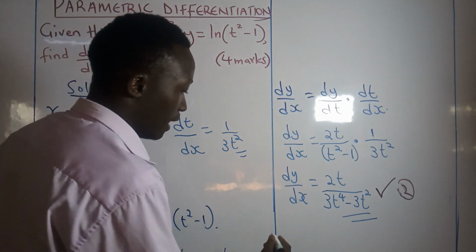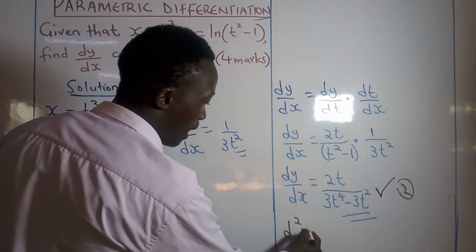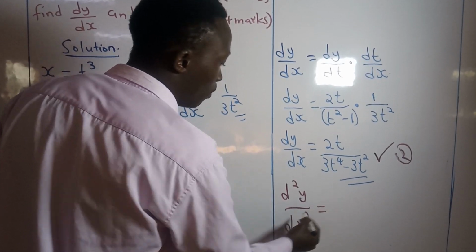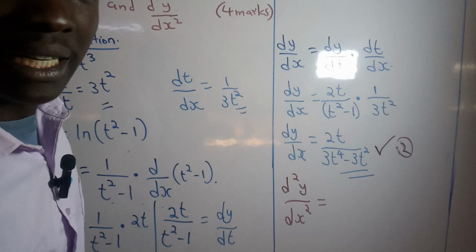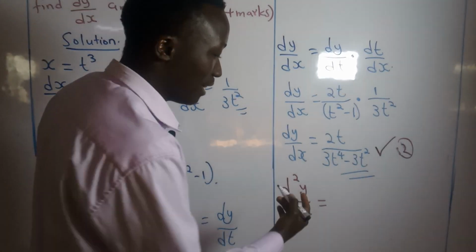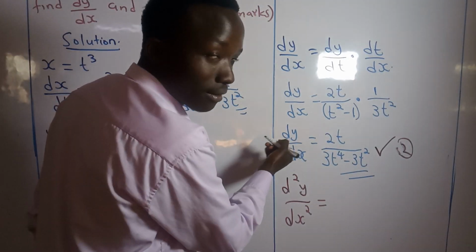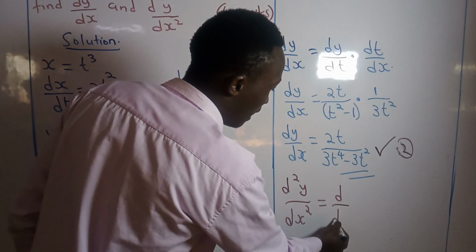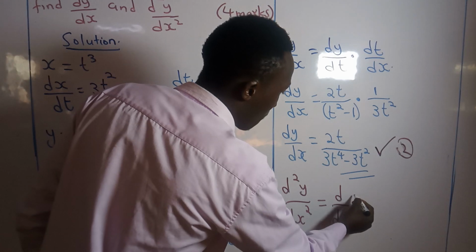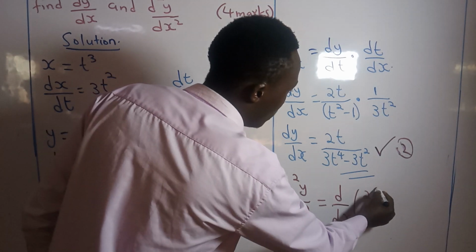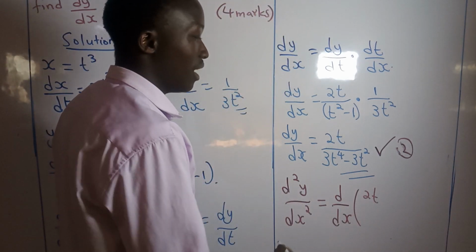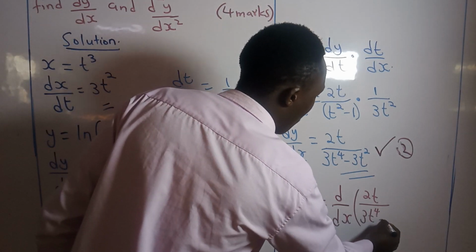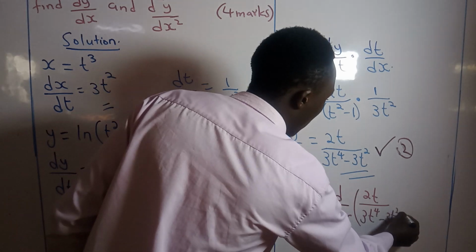So d squared y over dx squared is equal to, we will first find the derivative of the first derivative, that is d over dx of 2t over 3t to the power 4 minus 3t squared.